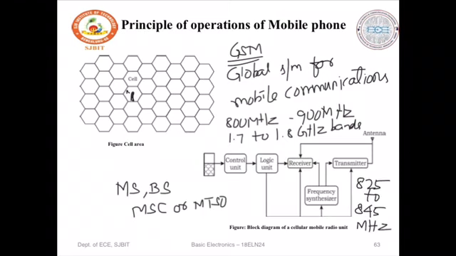There are 666 transmit channels of 30 kilohertz. Channel 1 is 825.03 megahertz, channel 2 is 825.06 megahertz, and so on, up to channel 666 at 844.98 MHz. The modulator modulates the pre-amplified voice signal and the carrier input from the frequency synthesizer.